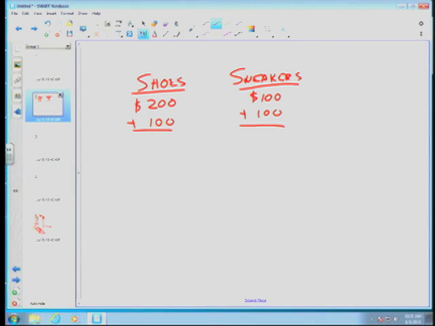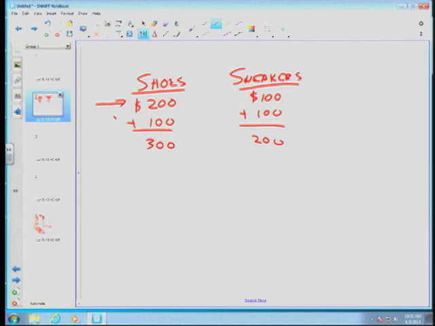Here's what I mean. Okay? When we were here, in order to buy a pair of shoes, how many pairs of sneakers would you have to sacrifice? 2. So one pair of shoes cost me 2 pairs of sneakers.